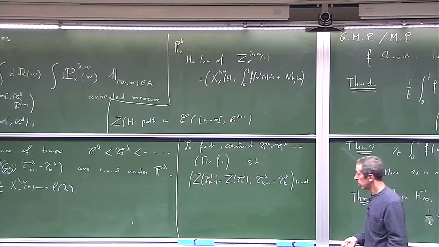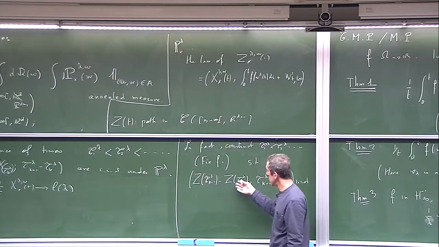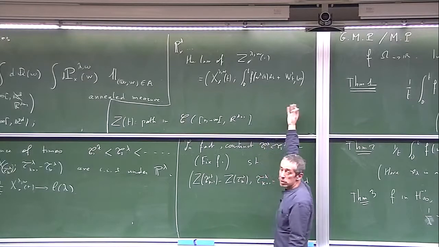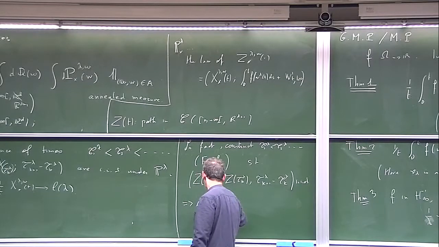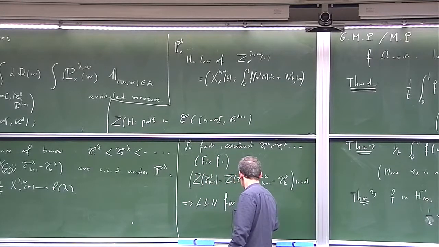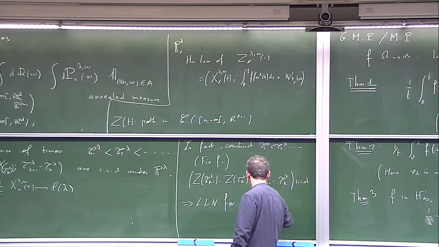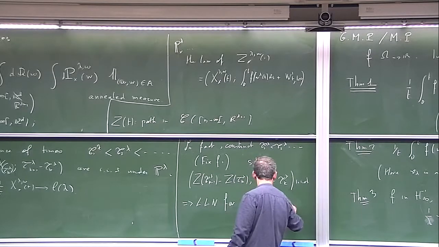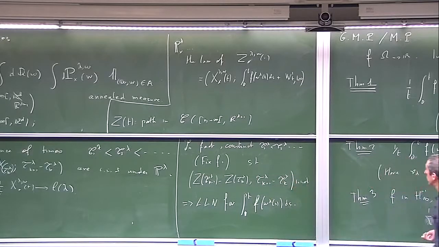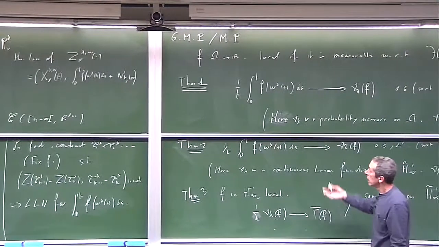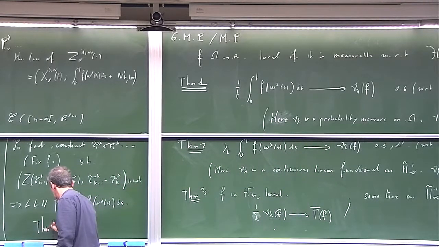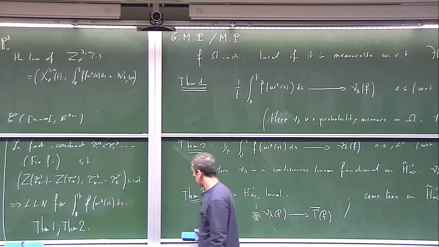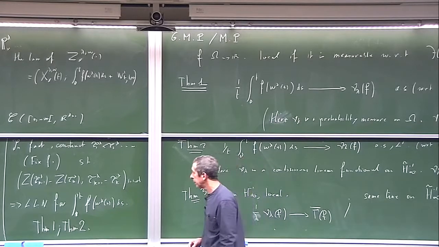And that gives the law of large numbers for the last component in z, which is the additive functional, and then there is a noise, but the noise doesn't contribute. So this leads to the law of large numbers for the additive functional, for the integral from 0 to t of f of omega lambda of s ds, which, depending on the assumptions you put on f, can give either theorem 1 or theorem 2. So we get theorem 1 and theorem 2 by constructing such regeneration times.